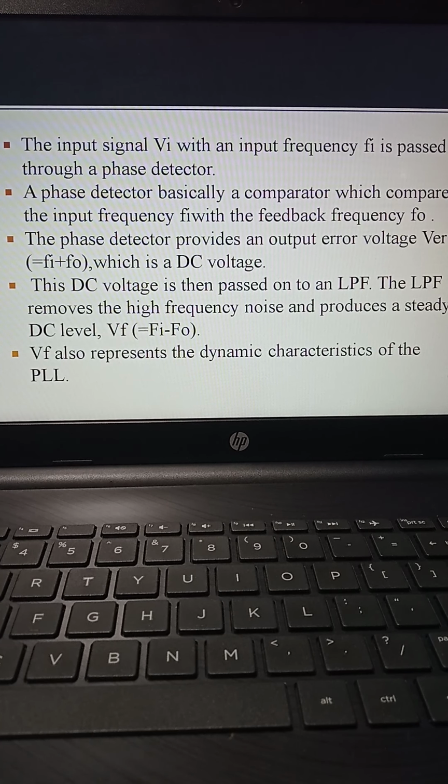The low pass filter removes the high frequency noise and produces a steady DC level Vf equals Fi minus F0. Whatever high frequency noise is there, the low pass filter will remove it. The Vf also represents the dynamic characteristics of PLL.